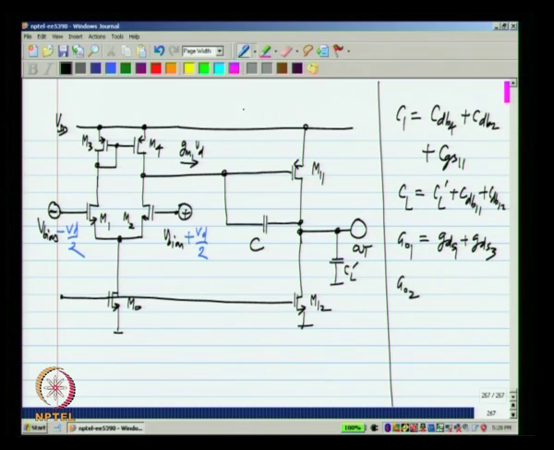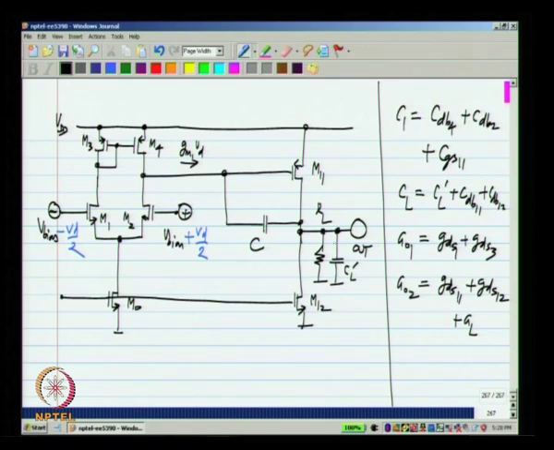Whenever you bias something with a current source, the current source contributes an incremental resistance which appears in parallel. Now, if we have a load resistance RL, to easily get the results, we simply absorb that into the total conductance at the output of the second stage.